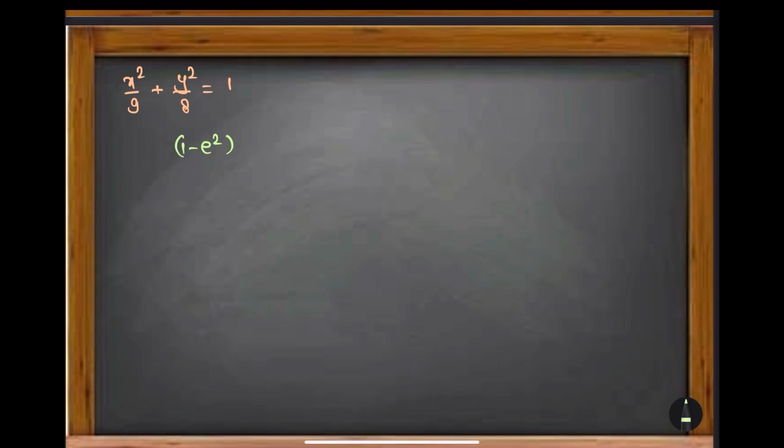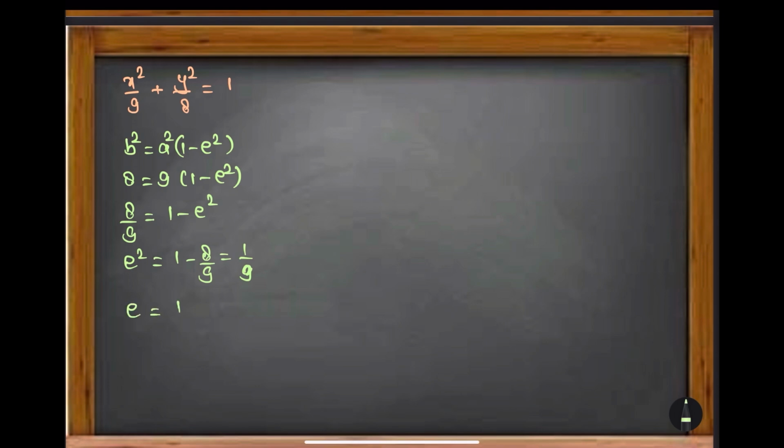The bigger one goes inside; in this case it is a horizontal ellipse, so a square goes inside and b square stays outside. So it is 8 equals 9 times (1 minus e square), so 8 by 9 equals 1 minus e square. E square is 1 minus 8 by 9, so it is 1 by 9, so e is 1 by 3. So we got our eccentricity as 1 by 3.